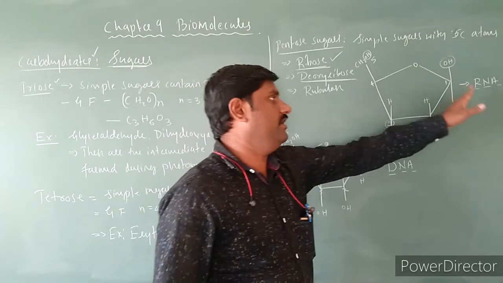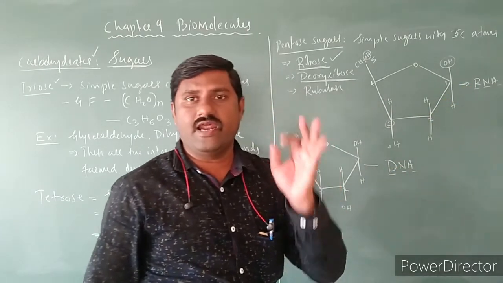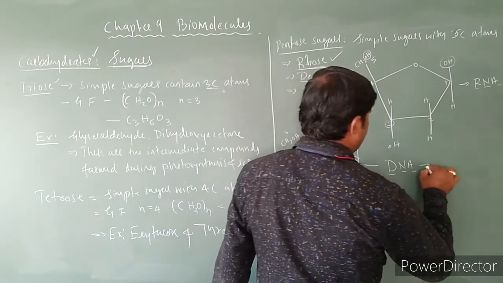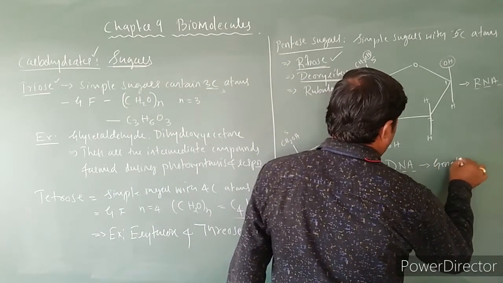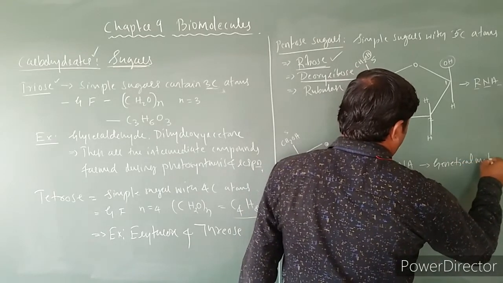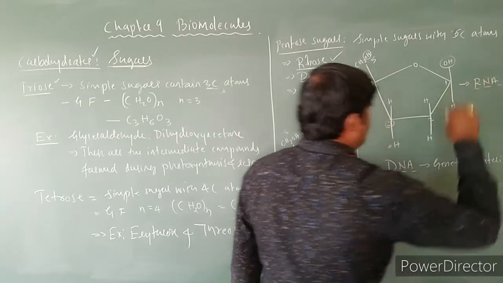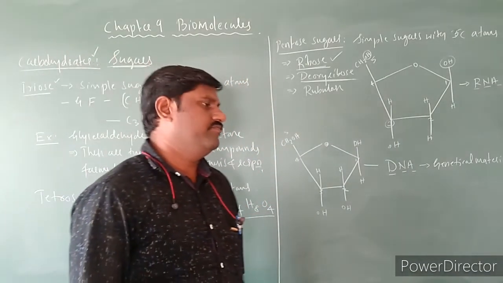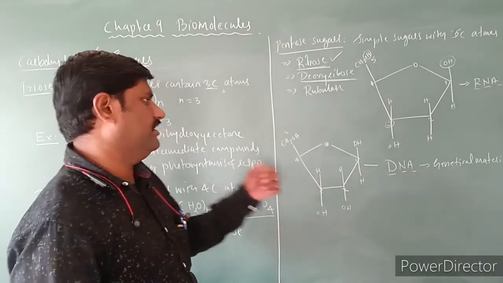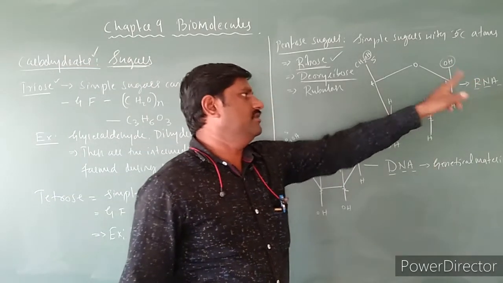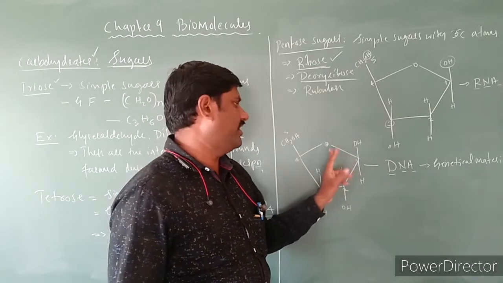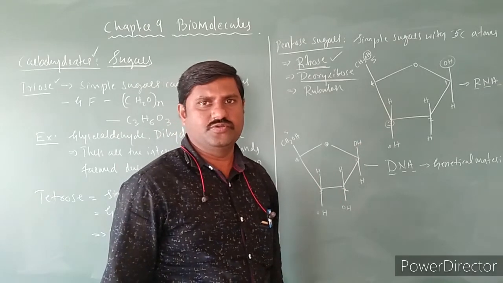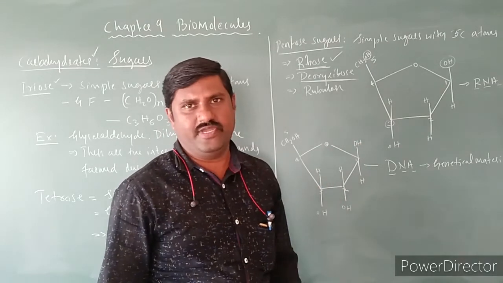And this RNA as well as DNA act as the genetic materials. So the genetic material mainly contains pentose sugars like ribose as well as deoxyribose.